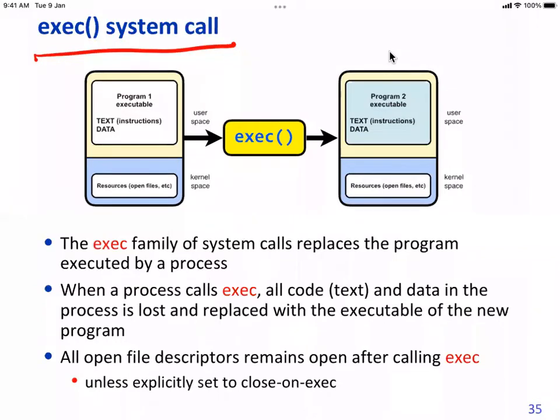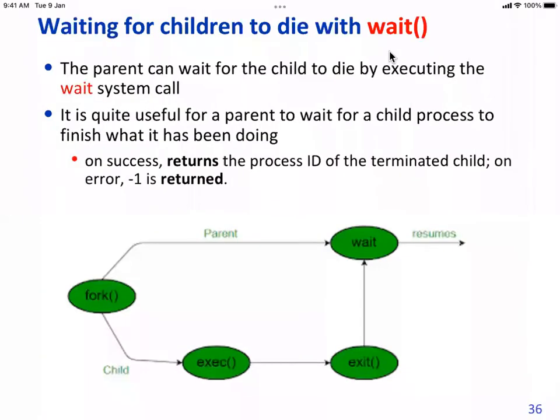The child has to behave differently, so it has to inherit some code from somewhere. Using the exec system call, the child process can take code from some other place and then start running. So we have studied the exec system call.